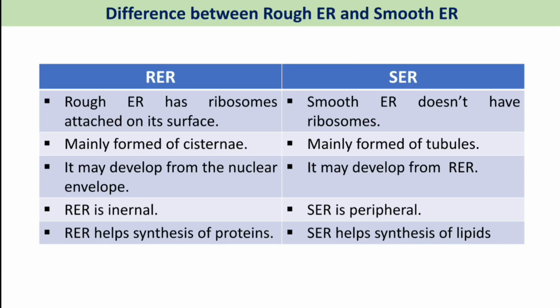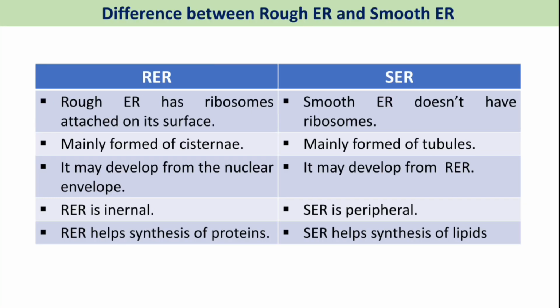Now we are going to discuss the differences between them. The rough endoplasmic reticulum has ribosomes attached on its surface, while the smooth endoplasmic reticulum doesn't have any ribosomes. The rough endoplasmic reticulum is mainly formed of cisternae, while the smooth is mainly formed of tubules. The rough endoplasmic reticulum develops from the nuclear envelope, and the smooth endoplasmic reticulum develops from the rough endoplasmic reticulum.